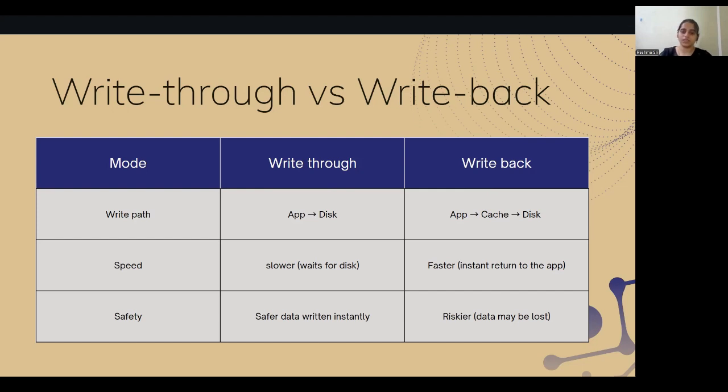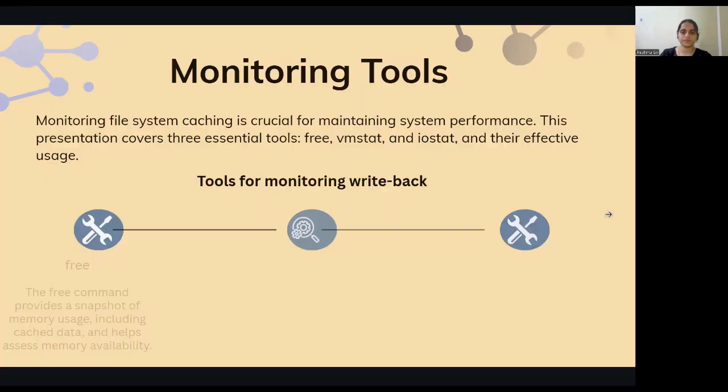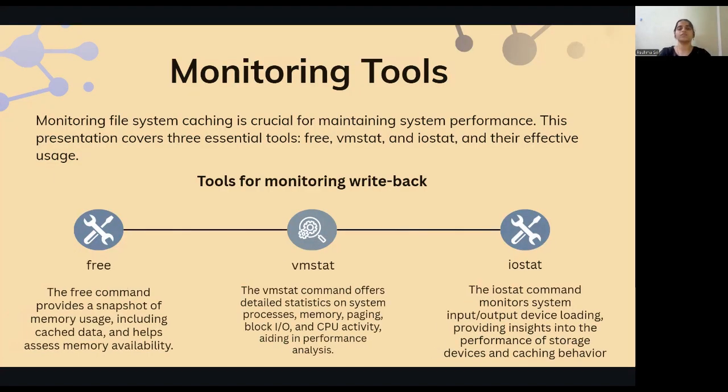Let's talk about monitoring tools. This helps us to check the performance of the system. There are three main common tools: free, vmstat, and iostat. Let's talk about free first.